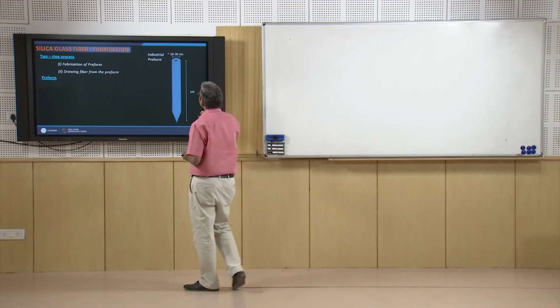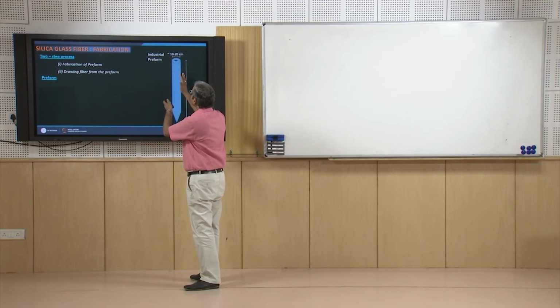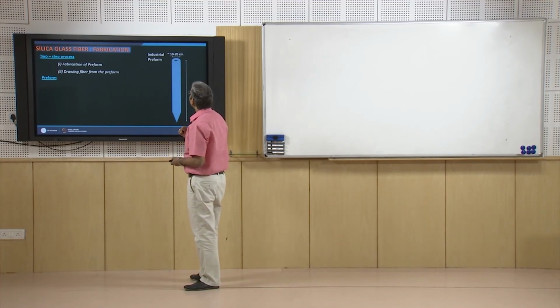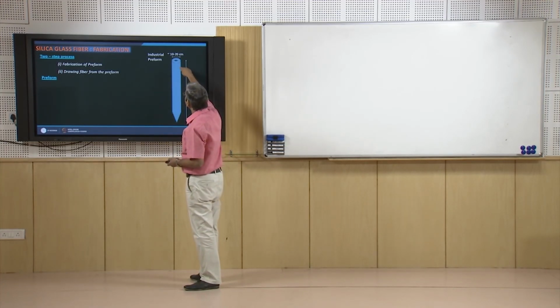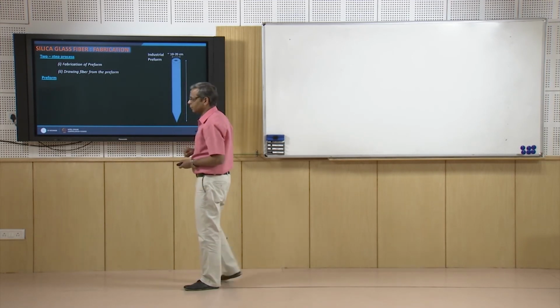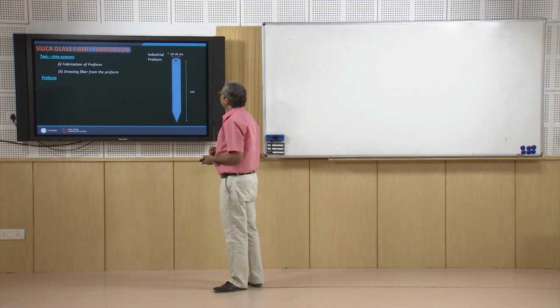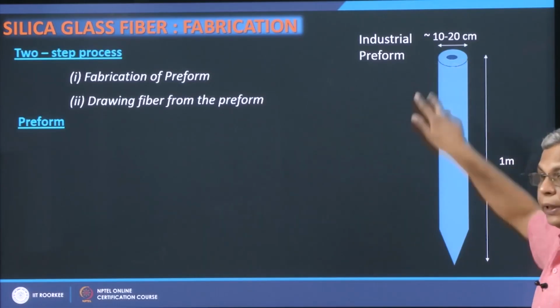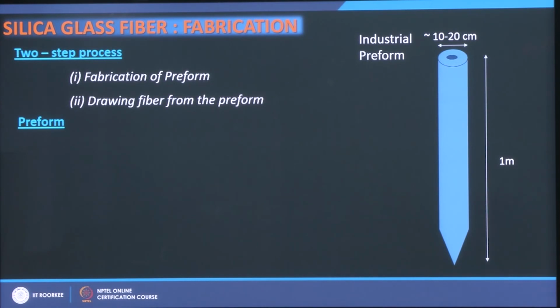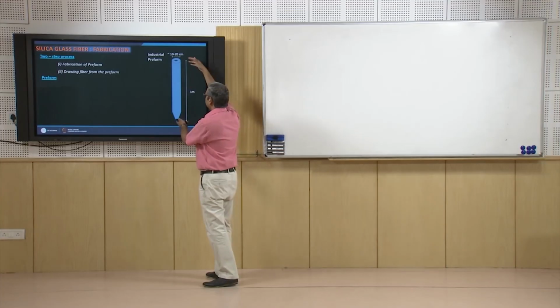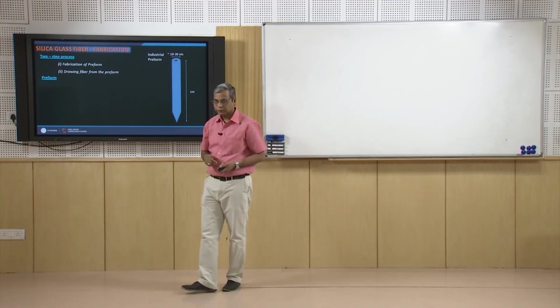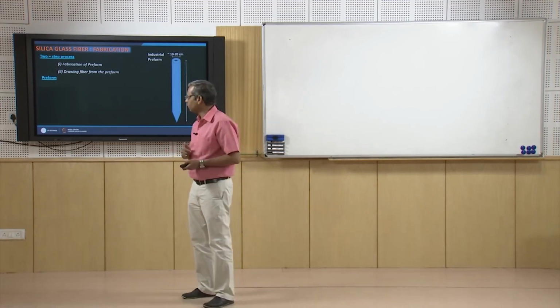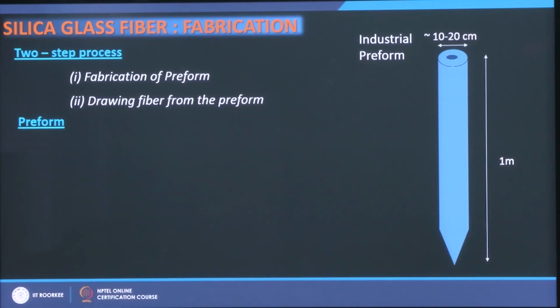If you remember, in the 60s, the major bottleneck in the development of optical fiber communication systems was losses in optical fiber. The losses were of the order of 100 dB per kilometer, and the primary reason for these losses was impurities in glass.